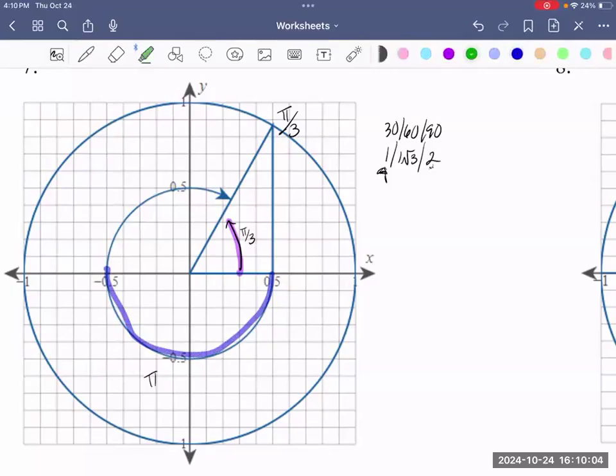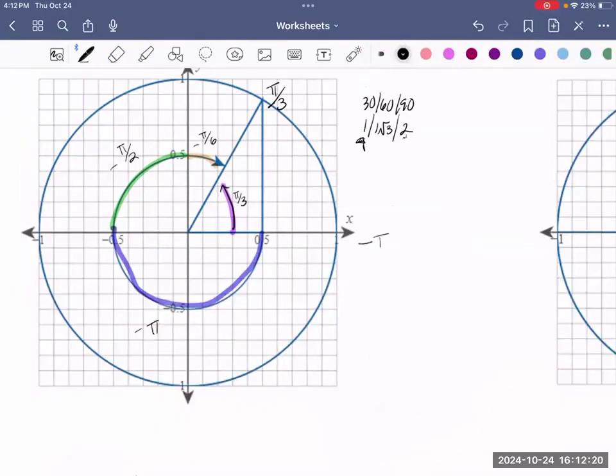We traveled then another 90 degrees, so pi over 2. And now we need to add just this little tiny sliver here. I'll put this in a different color. If we can understand that this is pi over 3, that must mean that this is pi over 6, in which case we can add all of these values up, going that these are from these negative direction.